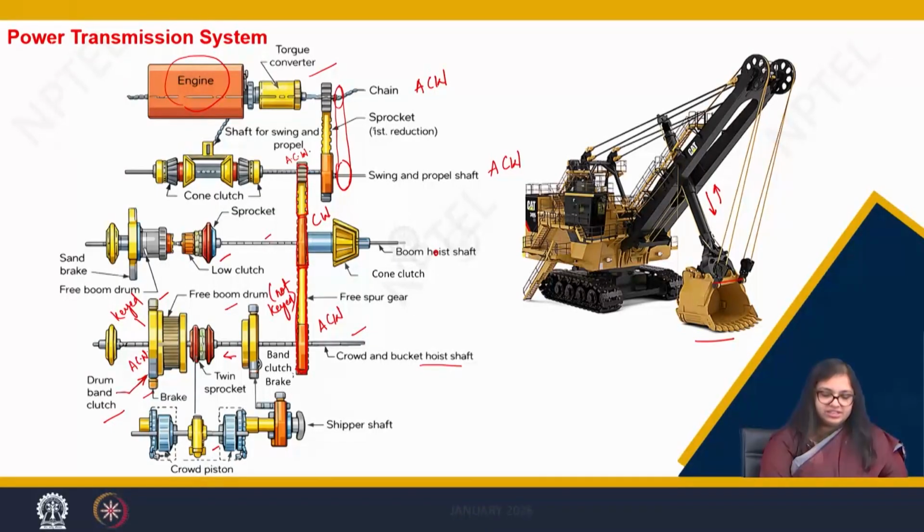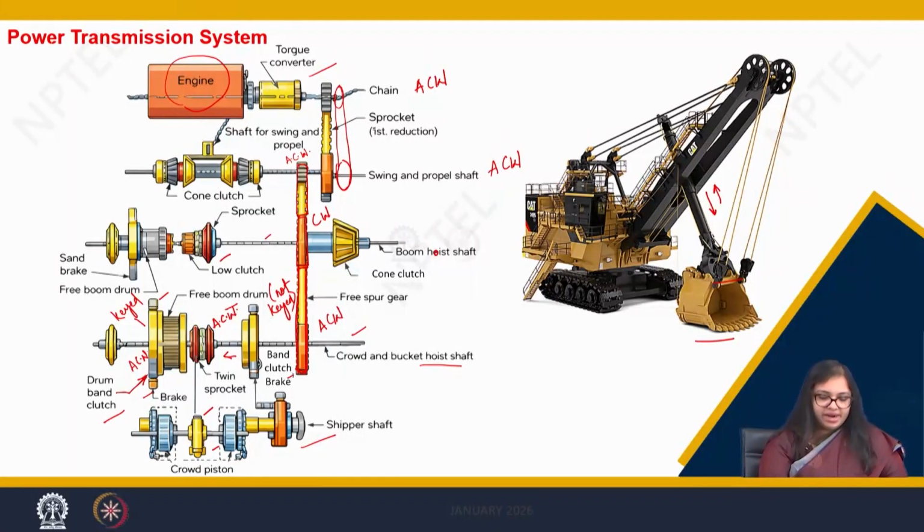So, this is the other sprocket which is housed on this shipper shaft. Now, when my band clutch gets engaged with this twin sprocket, rather one sprocket of this twin sprocket, this twin sprocket also starts rotating in anti-clockwise direction.